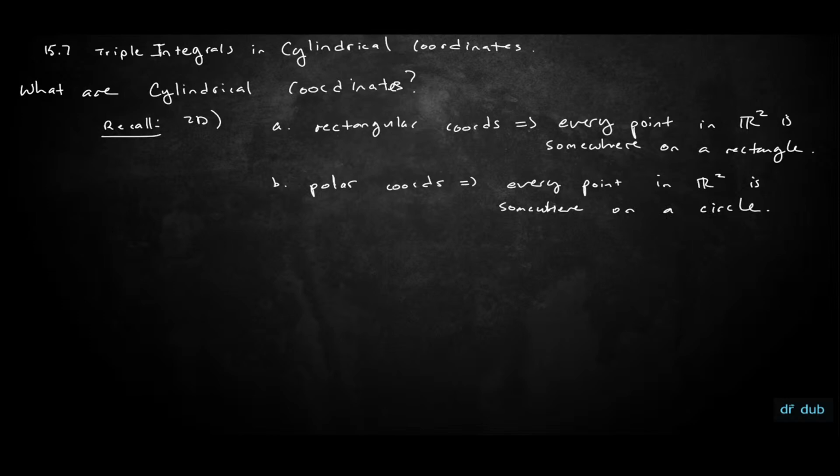So it's just a different way to describe the space. You use two different coordinates, r and theta. R being the distance from the origin, theta being the angle off the polar axis, or you could say off the positive x-axis if you wanted. But it's just a different way to describe, or to locate the points in, the two-dimensional space.